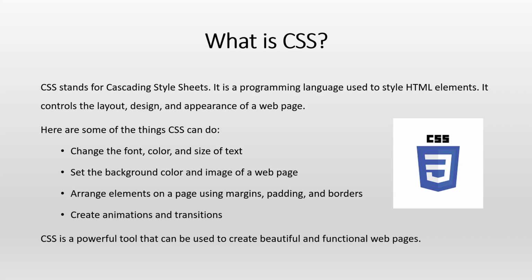All these margin, padding and borders are CSS properties. After that, creating animations and transitions. As you see, whenever we are scrolling, some animation happens, or there will be smooth scrolling. So all these things we will be doing.